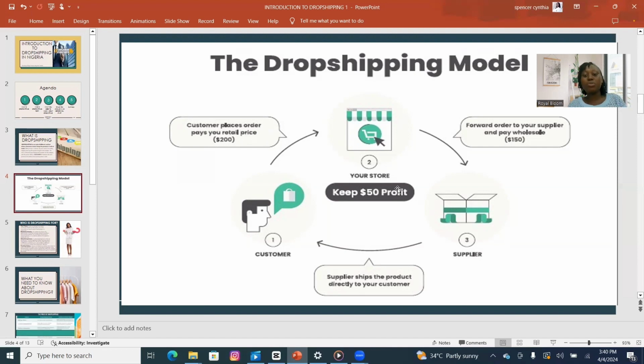Now let's say you put your profit at 1,000, and then you sell to 50 customers. You'll be having a profit of what? 50,000 naira. Now, someone might think that money is too small, and someone might be thinking that money is impossible to make. Well, to shock you, some persons actually make this 50,000 naira in dropshipping and even more. It has to do with how far you're willing to go and grow.